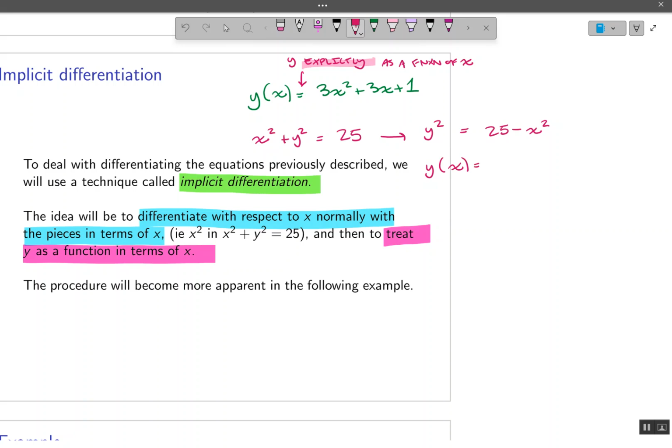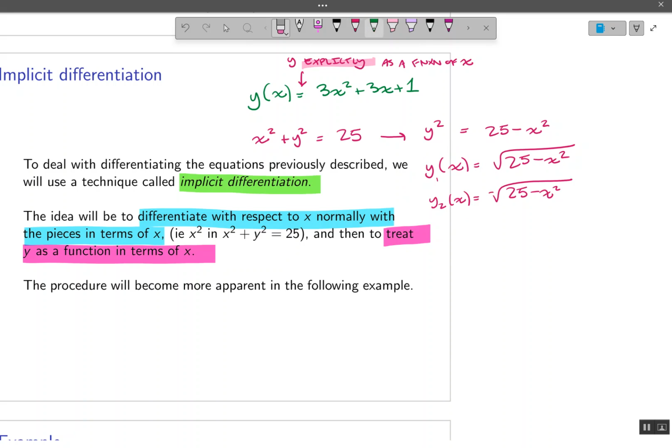Y of x is the square root of 25 minus x squared. Another half is going to be the opposite there. So it's hard to get y just by itself.